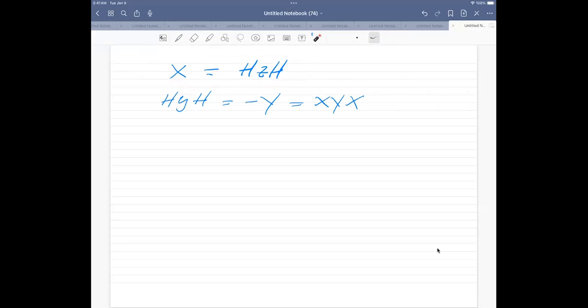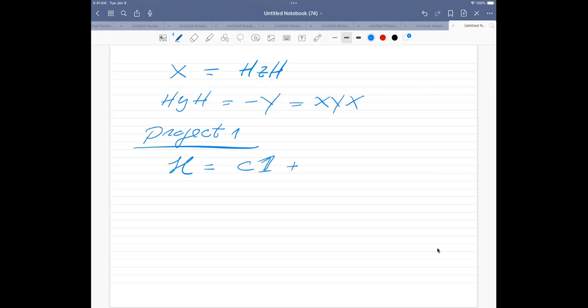If you now think back to project number 1, we had a Hamiltonian, so I'm trying to distinguish this from a Hadamard matrix, which contained a constant C multiplied with the identity matrix, plus another constant multiplied with a Pauli X matrix, plus another constant multiplied with a Pauli Z matrix.